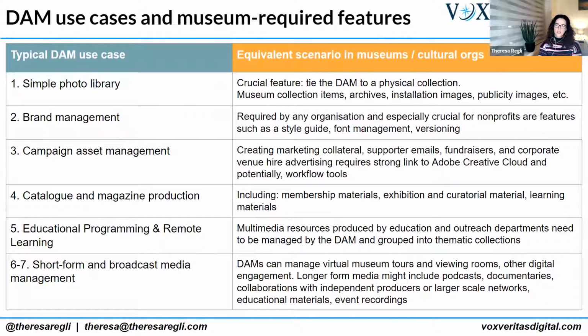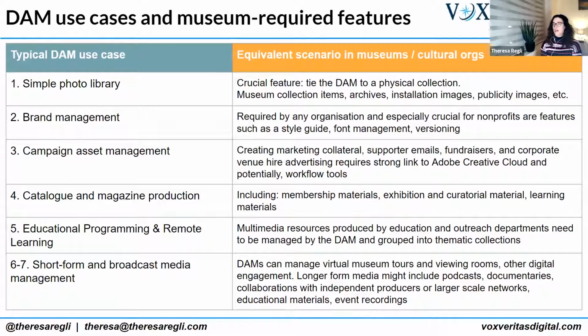So in all these different scenarios, you have to think about what data you need to carry out this scenario, to manage your brand, to manage your campaigns, to produce the monthly magazine that the museum sends to its members, to generate educational programming.